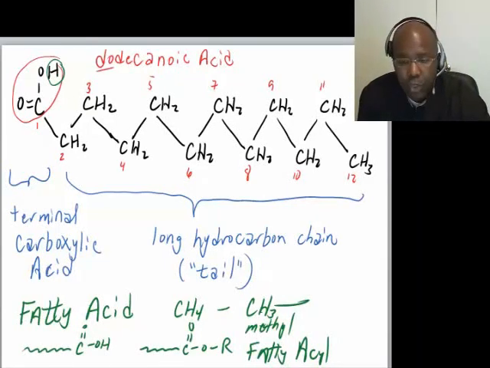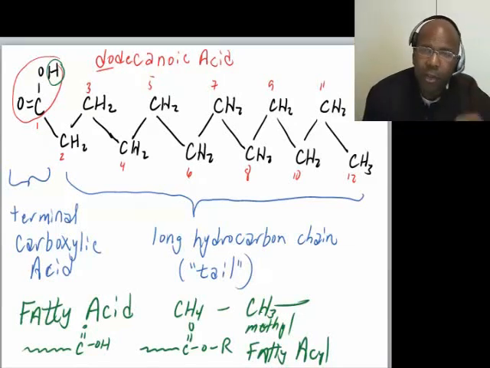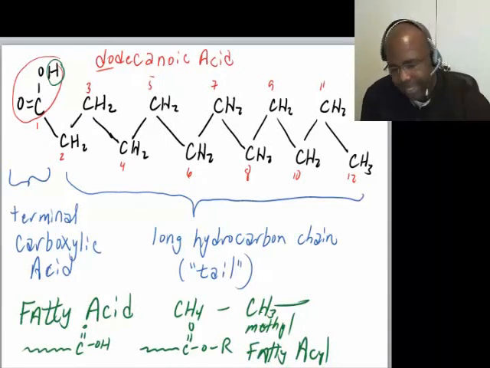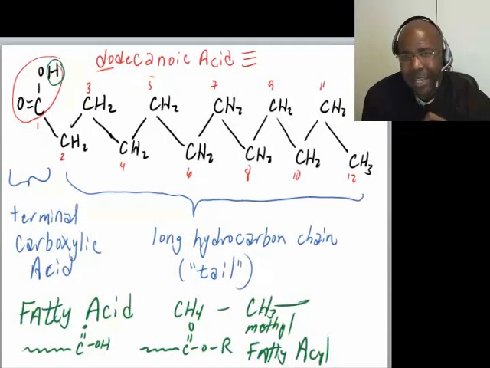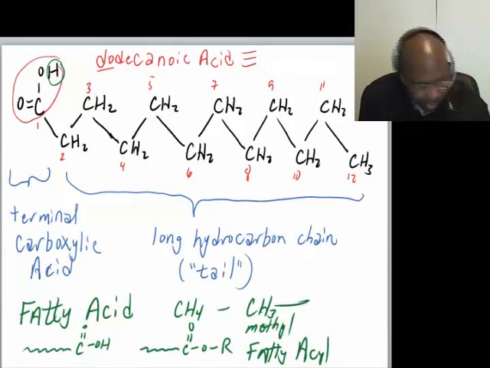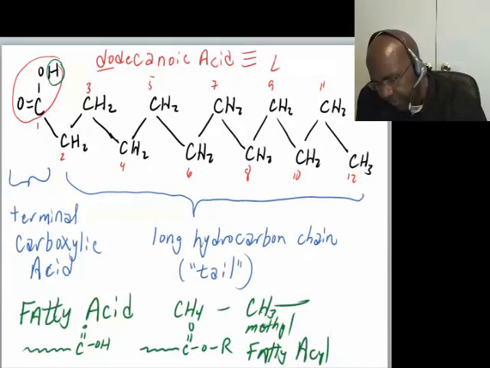Because do means 2, deca means 10, so it's 2 and 10, or 12 carbons. So this is dodecanoic acid. That's the systematic name. It has a common name, and the common name is lauric acid.